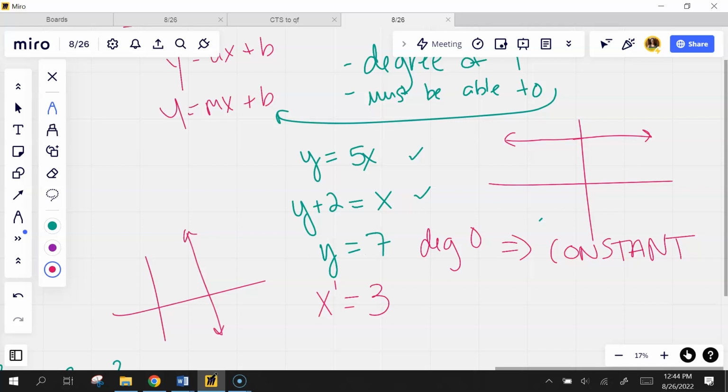That's the biggest. But what's the problem? It's not a function. Why is it not a function? It does not pass the vertical line test. This one x value has infinitely many output values. It can't be a linear function if it's not even a function. See where we're going with this?